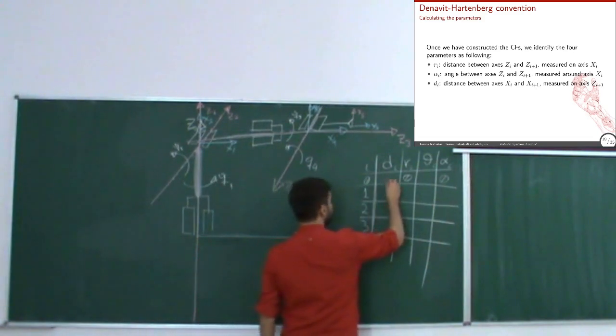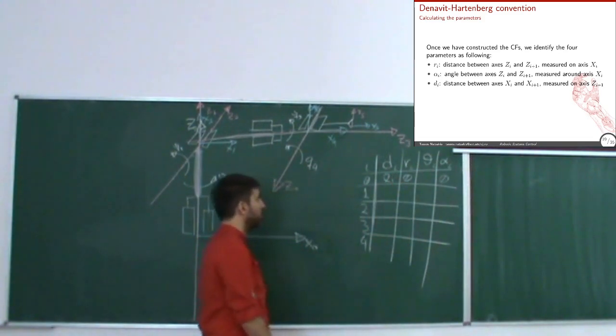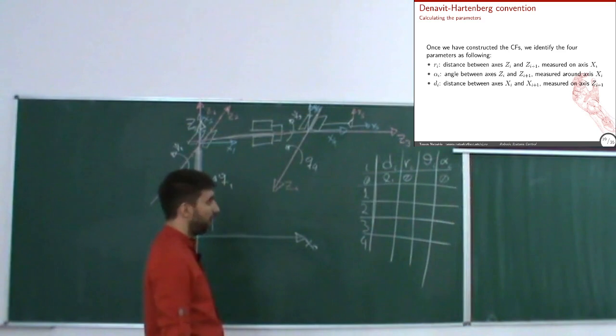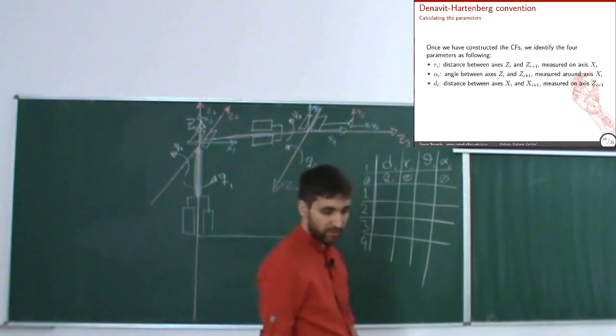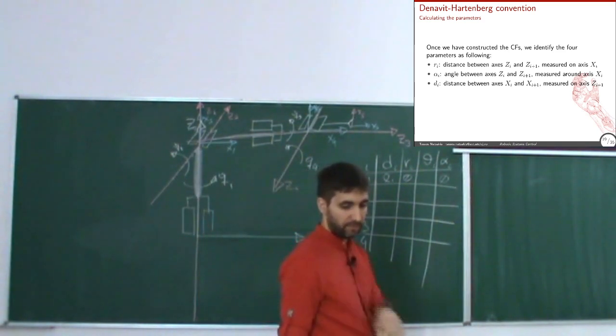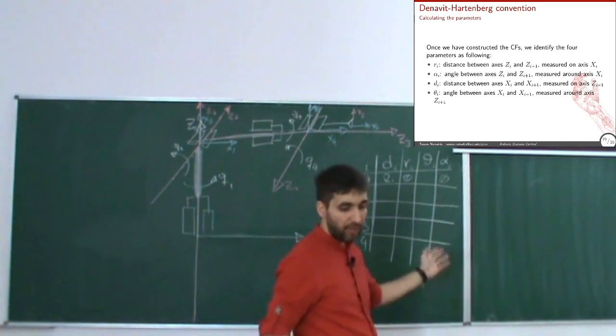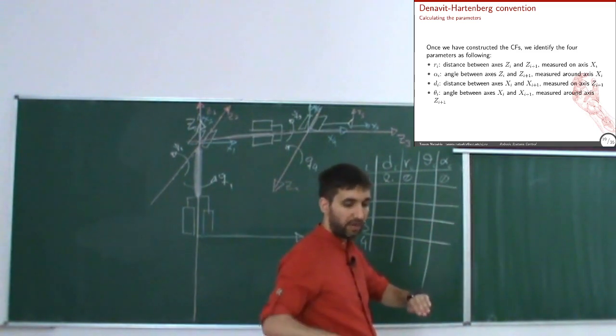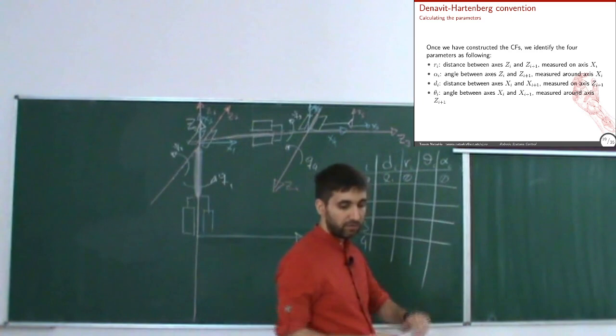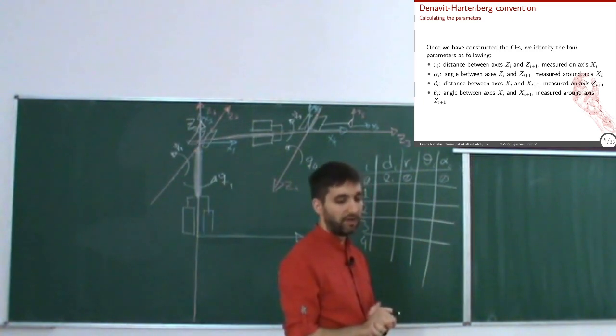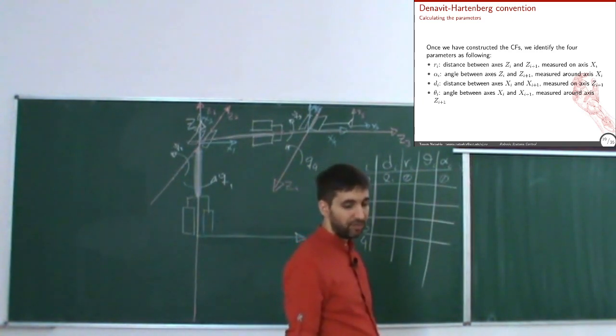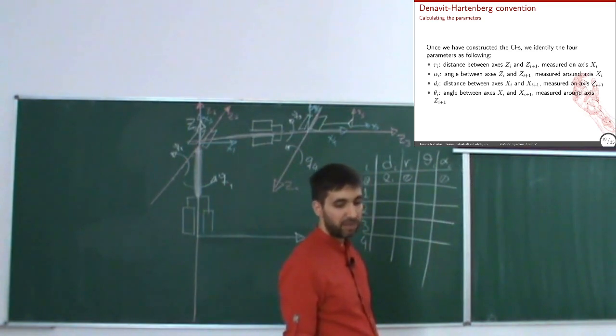Let's say L1. And finally, theta was the angle between x0 and x1 measured around z1. If you see, it follows a pattern. z i plus 1, xi, the distance and the angle. And then the distance and the angle, xi plus 1, zi plus 1.